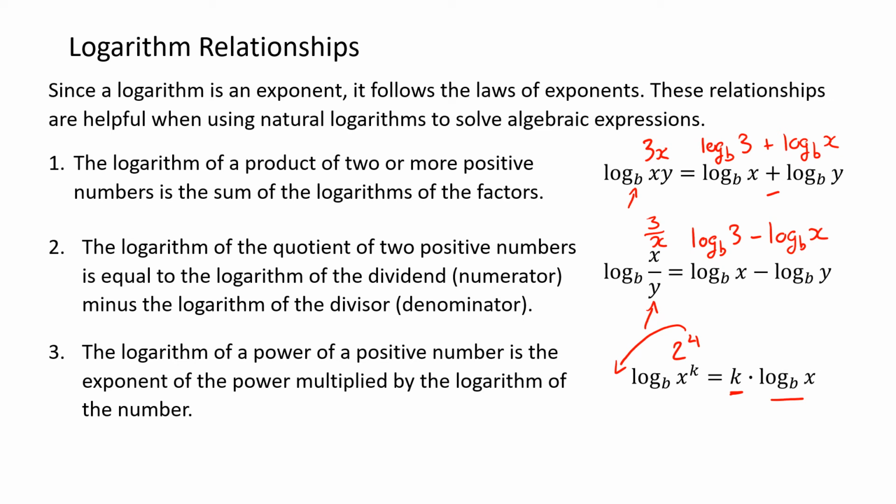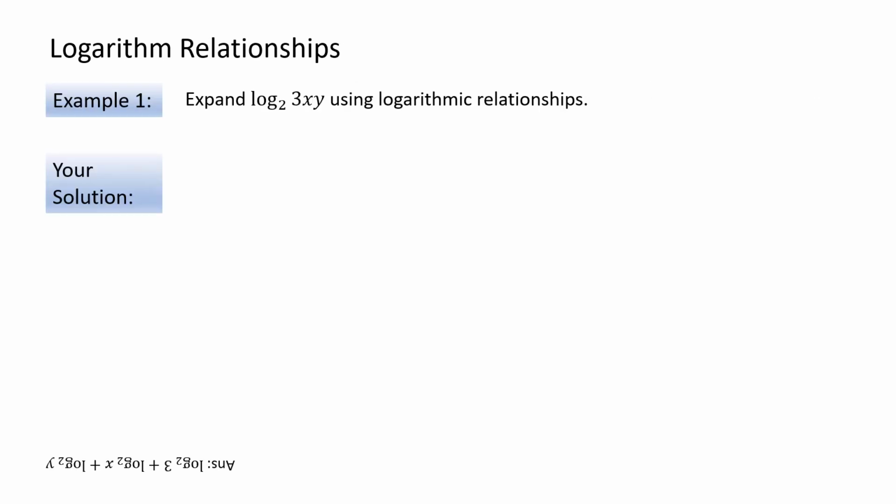So in this case, that would be equal to 4 times the log of 2. So you're simply moving that exponent out. Again, all of these will be used if you have to solve for a variable, usually solving for x. Okay, so now let's finish off our lecture by looking at some examples using these logarithm relationships.